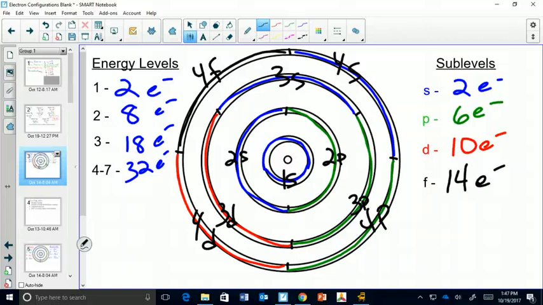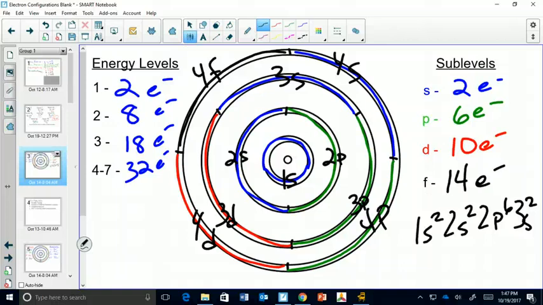It would look something like this: 1s2, 2s2, 2p6, 3s2. These top numbers tell you how many electrons are in that sublevel. There are 2 in the 1s, and then it's full. There are 2 in the 2s, now it's full. There's 6 in the 2p, now that's full.